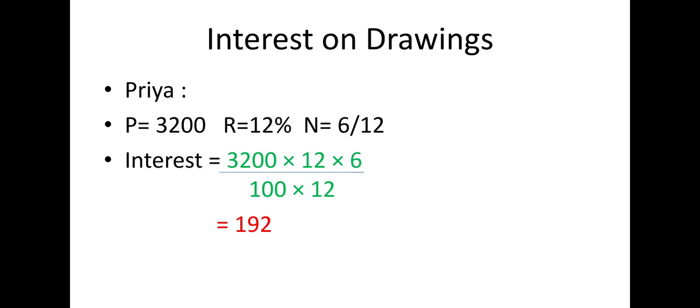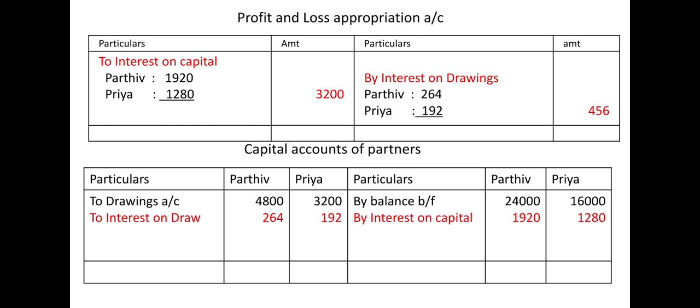And Priya's interest will be directly calculated on 3,200 because she is withdrawing 3,200 on 1st October. So we have to count interest for 6 months. So n will be 6 by 12. So her interest is 192. Now let's record it.